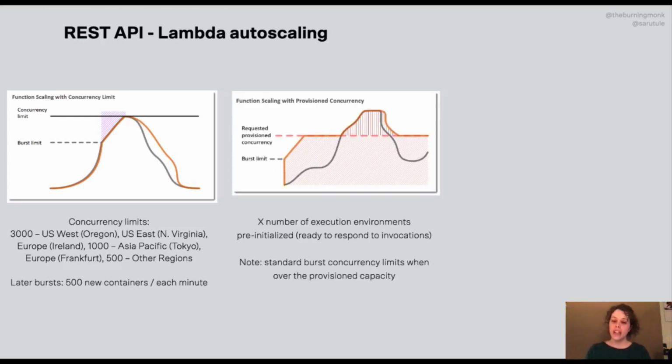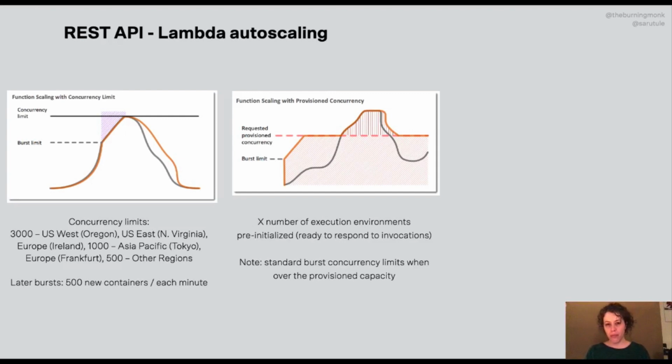A new functionality that came out recently, or last year, is the Lambda provision concurrency. The provision concurrency is a limit that you define and it's a number, and that number will represent the number of pre-initialized instances that will be pre-warmed at the moment of the invocation.